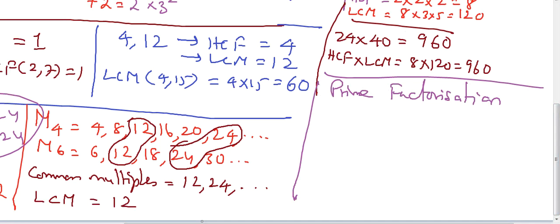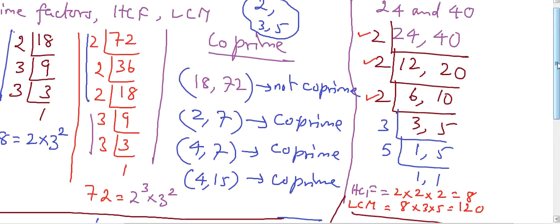As I said, any number can be written as a product of prime factors. So let's suppose I want to find the HCF and LCM of 24 and 40. First, find the prime factors of 24 and 40.